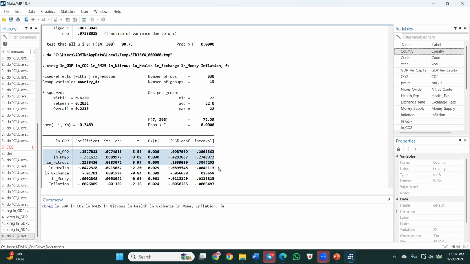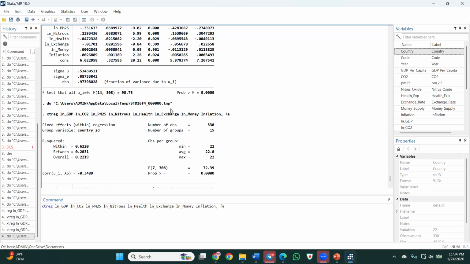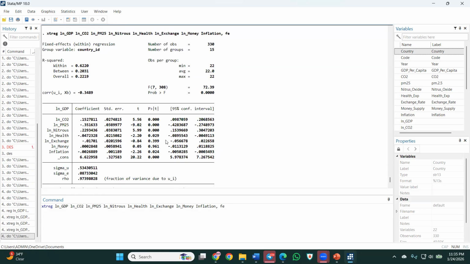You can see that for the fixed effect, health is now significant. Okay, I'm comparing different models. So you see this one, the random effect, the health was not significant. But for the fixed effect, the health is significant.